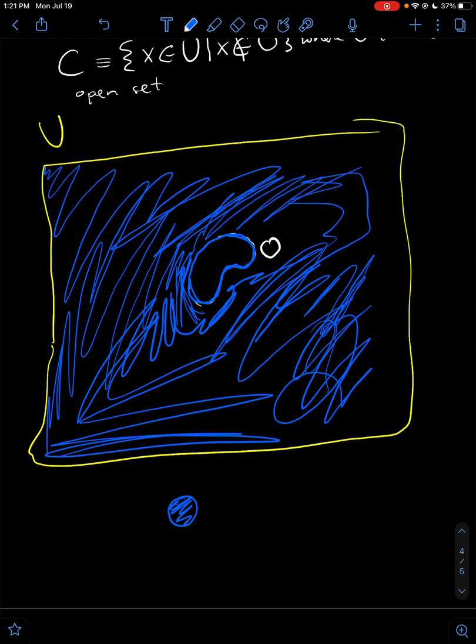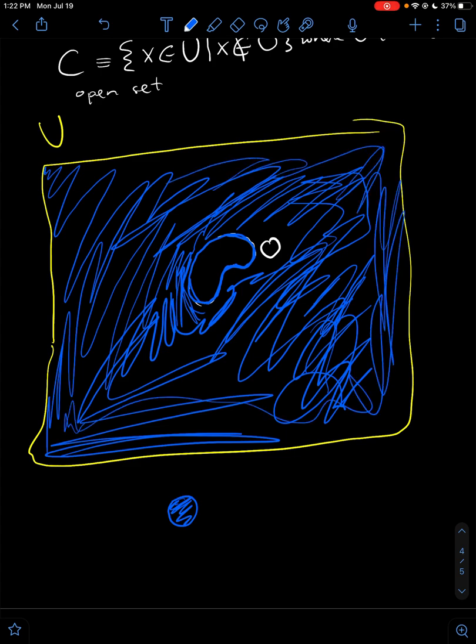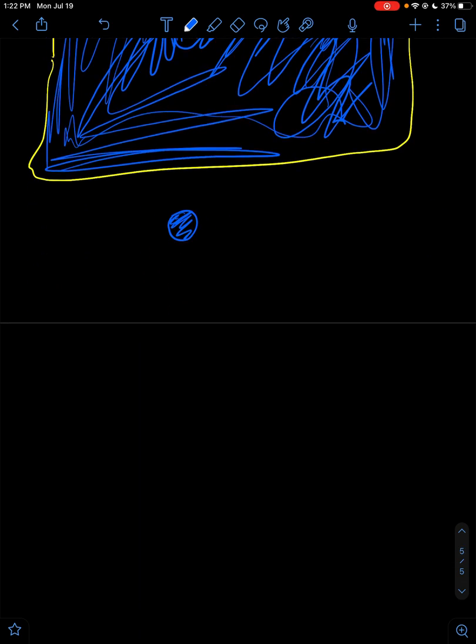The boundary isn't in the open set, so it would actually include that boundary, but not anything inside the boundary. To be honest, this is really a generalization of the sphere in a way, but this is what a closed set is.